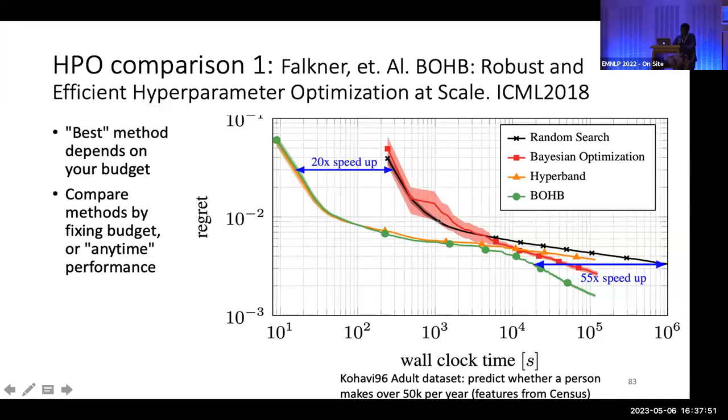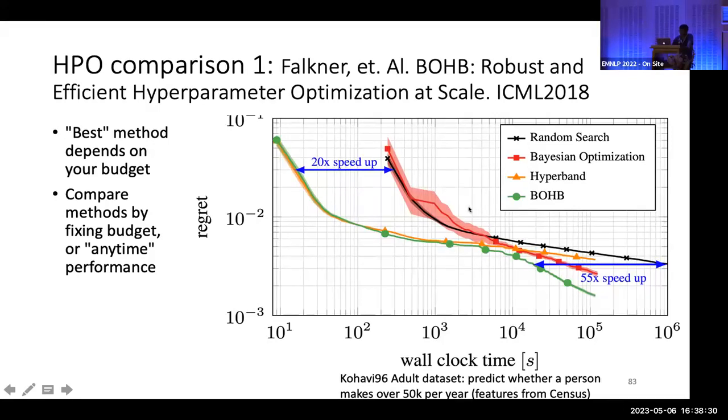And then they argue that this BOHB method works way better. And they got a paper out of it. But that's one way to look at it, when you're comparing methods based on time. But you should look carefully here. Is this method actually better? If you look at a standard method like random search, random search takes a lot of time to gradually decrease the regret.